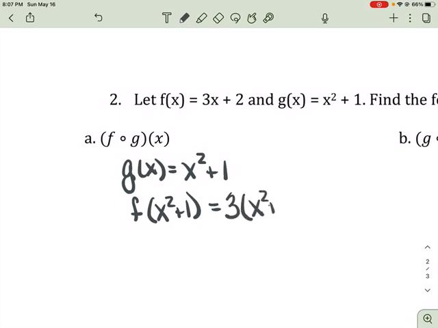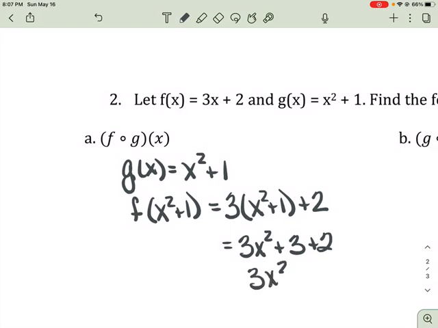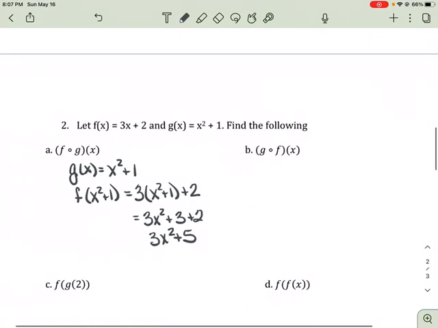So 3 times x squared plus 1, plus 2, or 3x squared plus 3 plus 2, or 3x squared plus 5. That's another way of thinking of it. Whichever works best for you, whether you think of it as replacing the letter or taking it and putting it in f. I like this way a little bit better, it makes it a bit easier to understand.